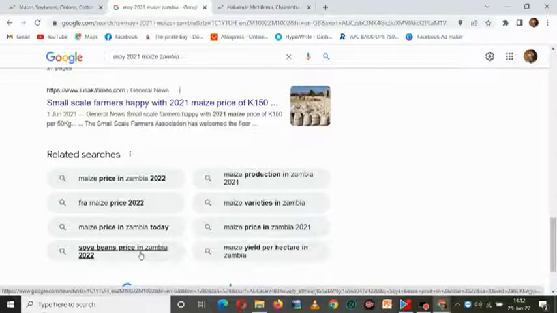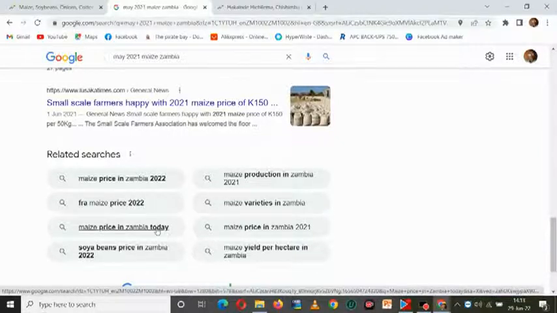That is giving me an impression that people were searching for the price of maize, soybeans price in Zambia, because this is May. People are about to sell their crop, or maybe they have already started selling. So people want to find out maize price in those areas which we saw on Google Trend.